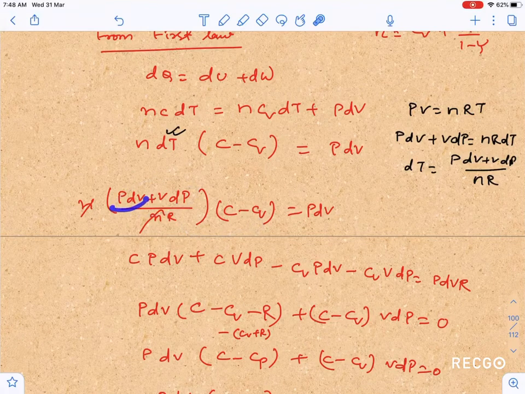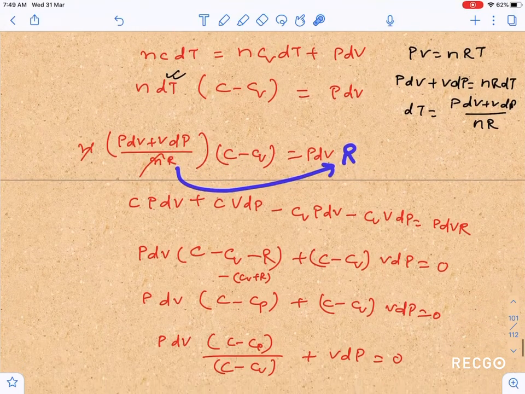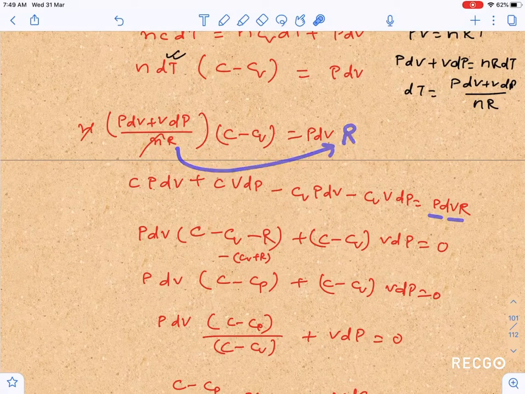So pdV multiplied by minus Cv, you can write minus Cv into pdV, as well as the next term, minus Cv into Vdp, and this is pdV into R, because this R I have multiplied.